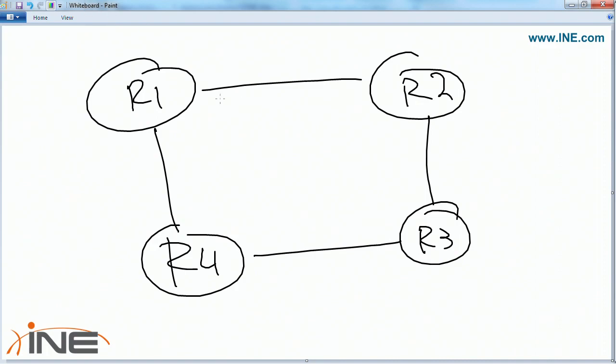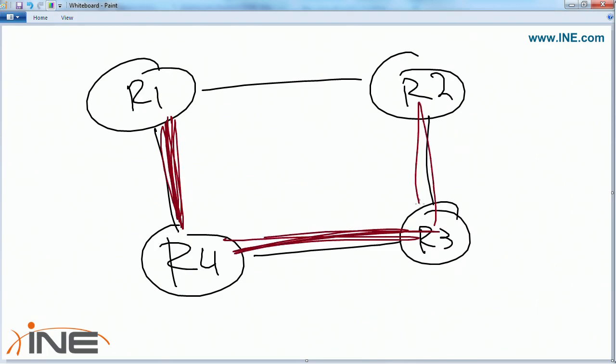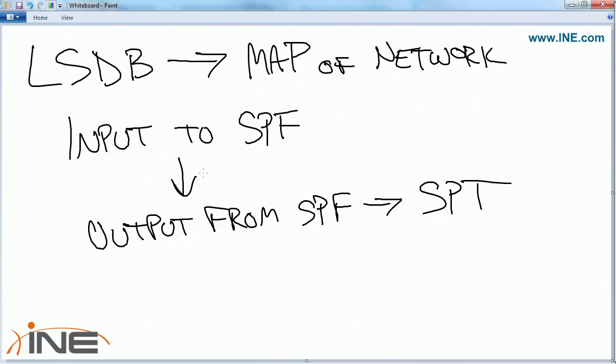The shortest path tree is then going to be a subset of this, where the tree might look like this, where we go from 1 to 4 to 3 to 2. But the key is that at the end of the day, all of the routers agree on what the tree is, because they all had the same input to SPF, which is the link state database.